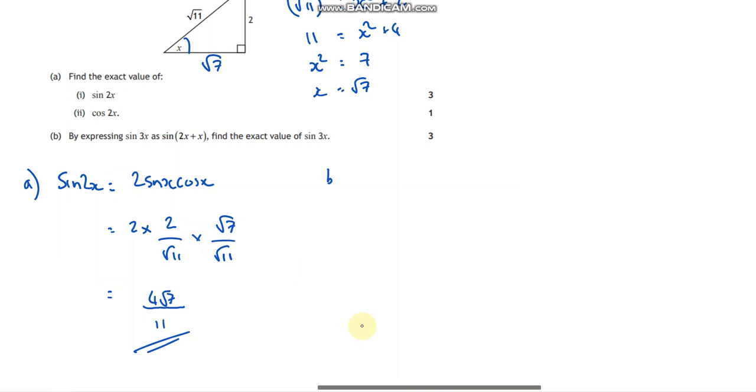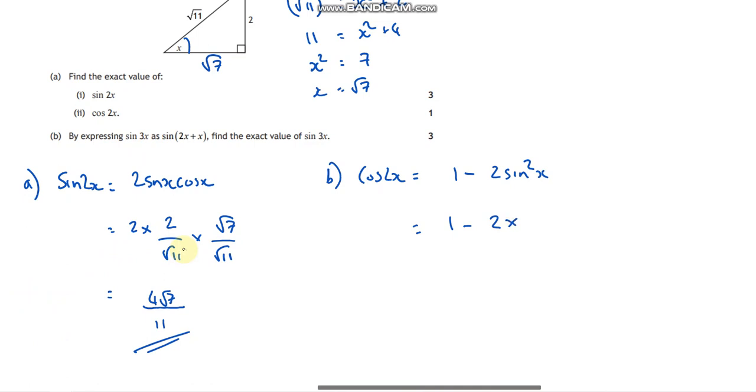Your cos 2x. Now you've done Pythagoras, it's actually even easier, really, isn't it? So just pick an identity. I'll just say, we go for 1 take away 2 sine squared x. Doesn't really matter. Now my sine x was 2 over root 11.